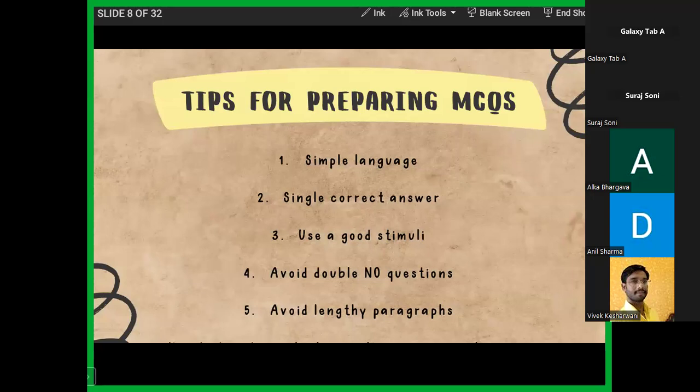Now, all these are the probable answers, but the question says most suitable. So distractors should be close answers. They may be wrong, and like in this case, they were correct. All these statements are correct, but distractors most of the times are the closest answers, but not the real answers. So there has to be just one answer.